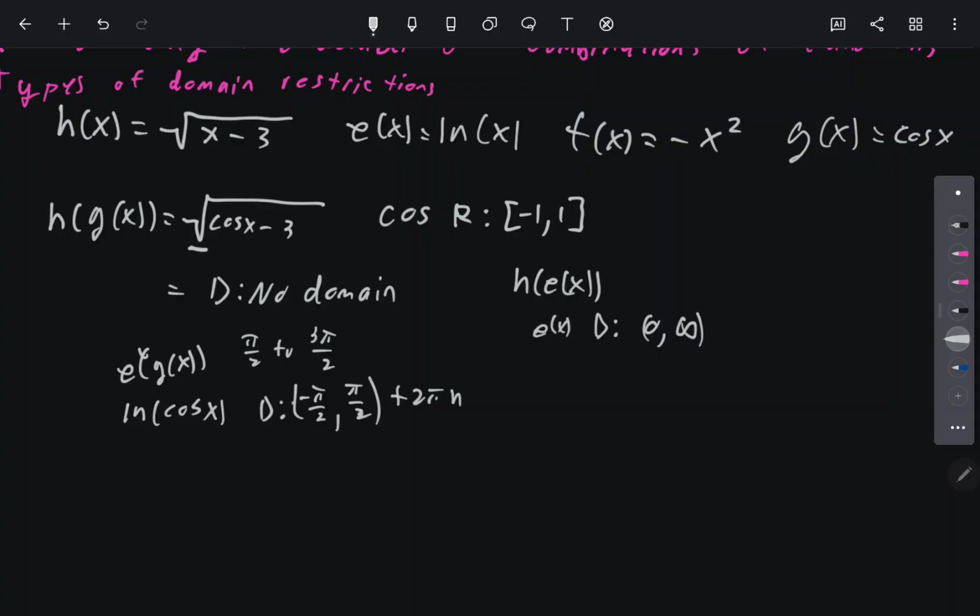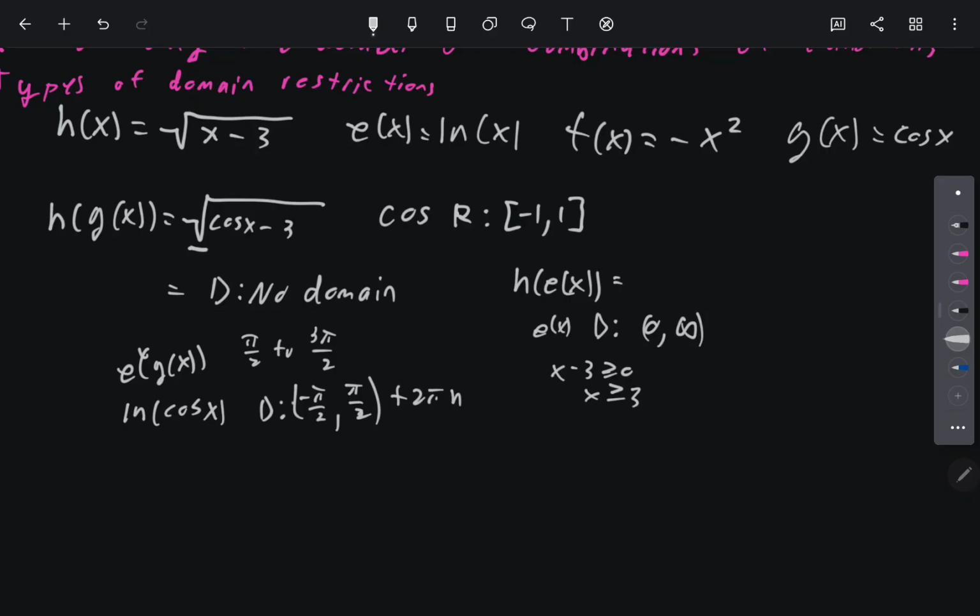But h of x also has a domain restriction. x minus 3 needs to always be greater than or equal to 0, so x has to be greater than or equal to 3. So this is going to propose an even greater challenge to find where the domain of this is going to start.